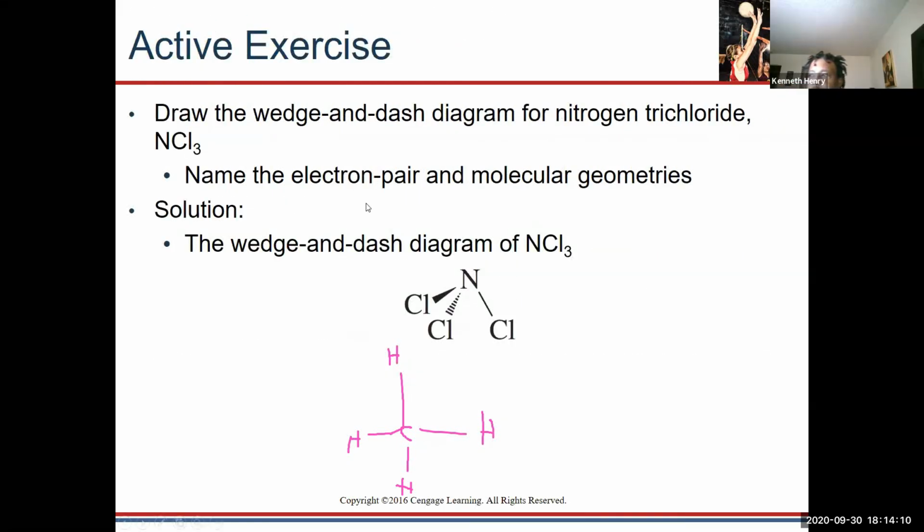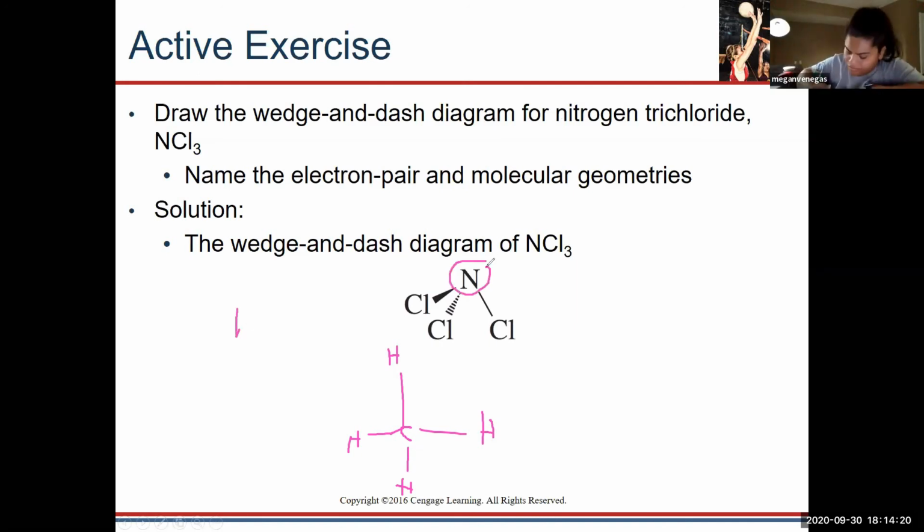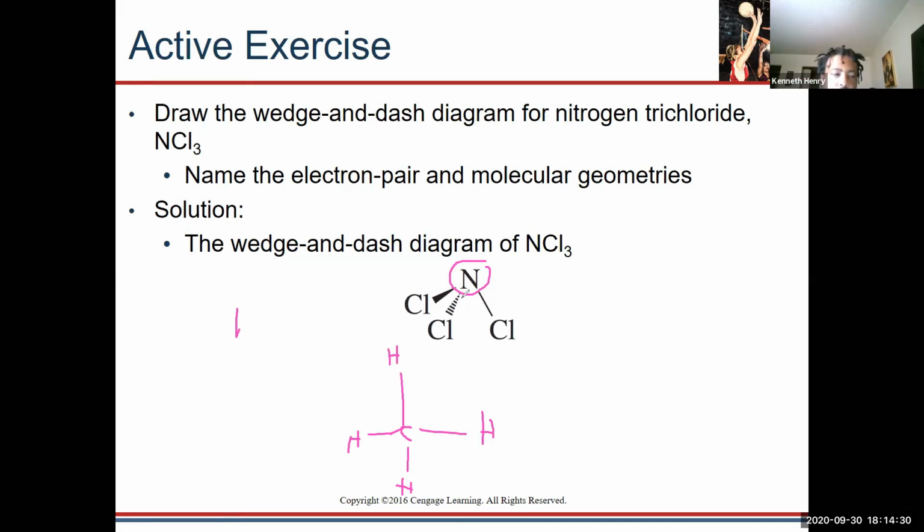So here's an example of the wedge and dash diagram. As you can see, the nitrogen is there in the center, that's our center atom. Do you guys have the bars on your cell phone to let you know how much signal you have?